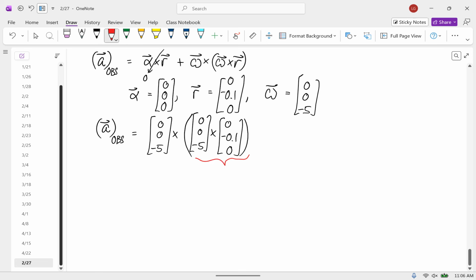So if you cross these, you get -0.50, 0, 0. And now cross these, and you get a double negative, so 0, positive 2.50, 0.